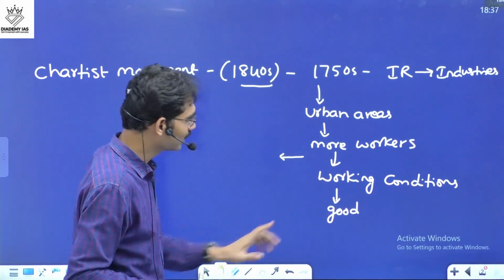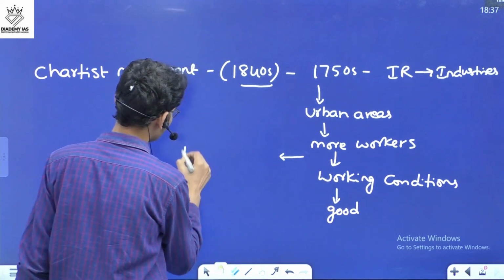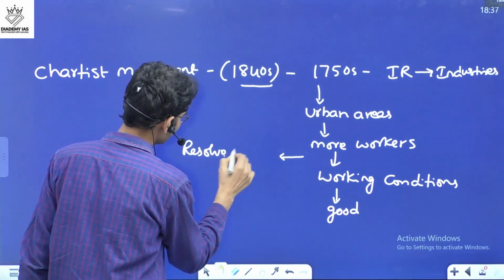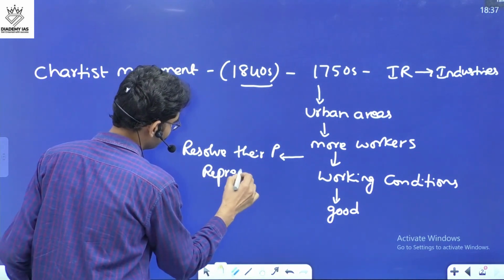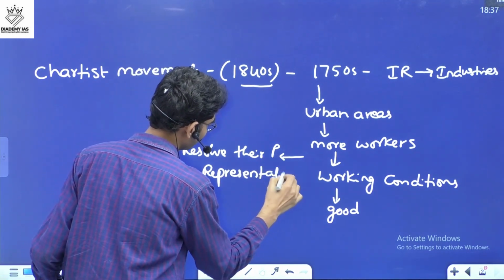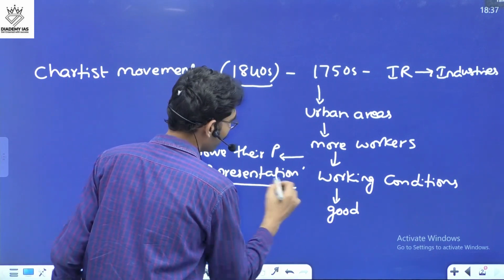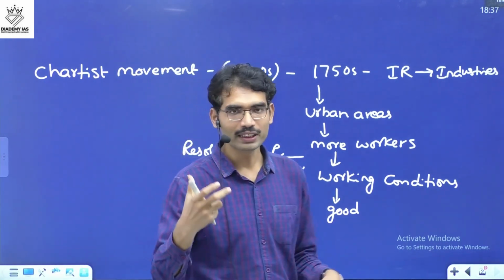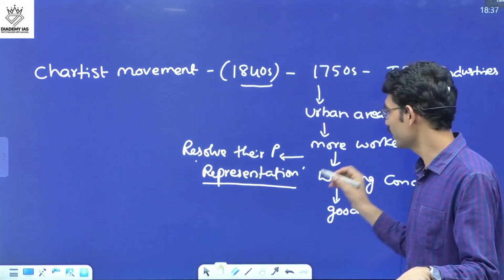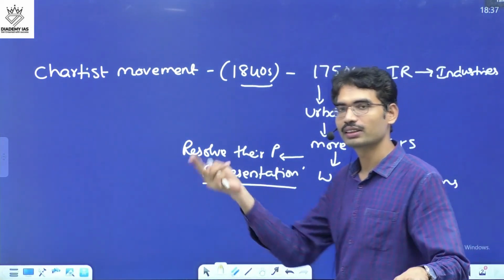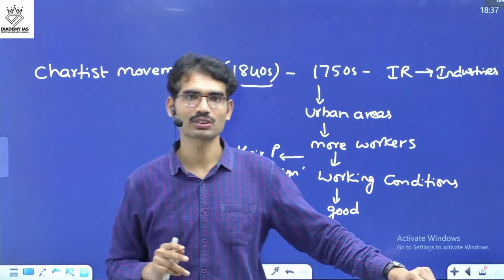That is why these people wanted to resolve their problem with representation in the British Parliament. If people represented their problems, then they felt that their problems could be solved.